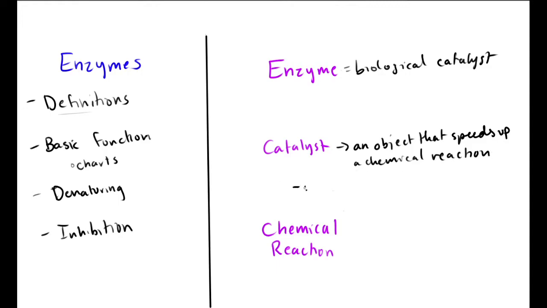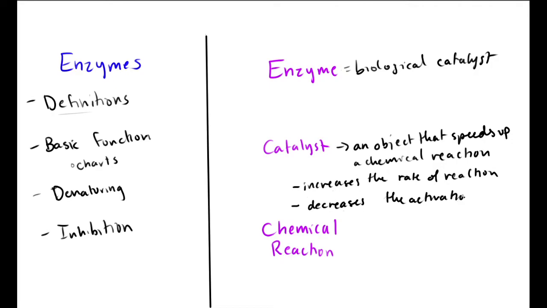First, it increases the rate of reaction, or how many times the reaction is performed. And secondly, it decreases the activation energy. Activation energy is simply the amount of energy it takes to actually start the chemical reaction.